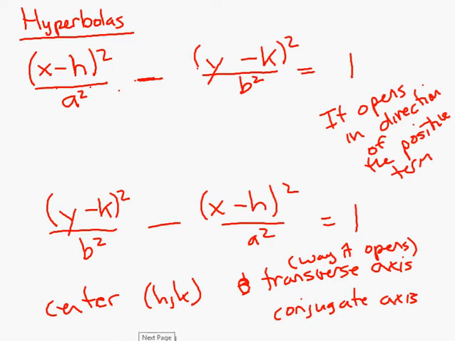So, let's graph x plus 1 squared over 4 minus y minus 3 squared over 1 equals 1. This one opens along x, so it opens left and right.